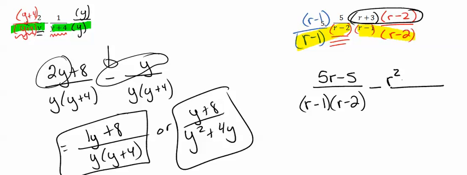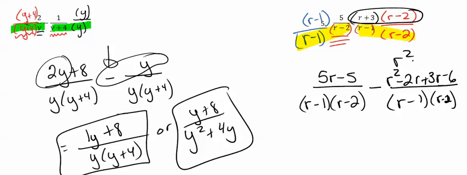That's going to be r squared minus 2r plus 3r minus 6 all over r minus 1, r minus 2. I'll combine that right away and get r squared plus 1r minus 6.